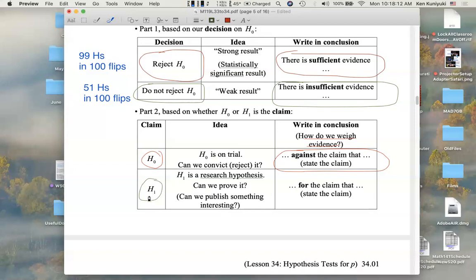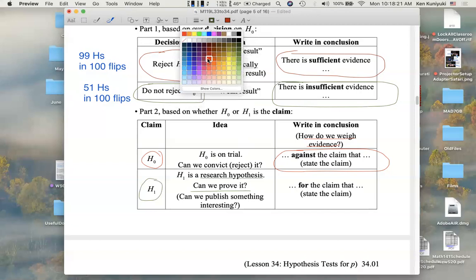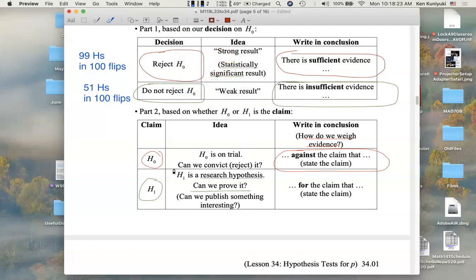So if the alternative is the claim, we think of it as a research hypothesis, and we wonder, can we prove it? Again, if the null is the claim, we ask, can we convict or reject it? If the alternative is the claim, we ask, can we prove it in the affirmative? So we're weighing evidence for the claim, or in support of the claim.